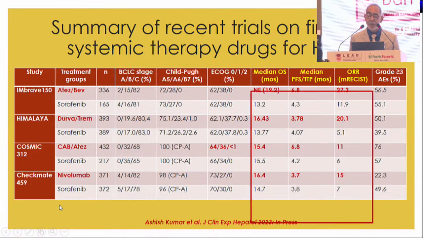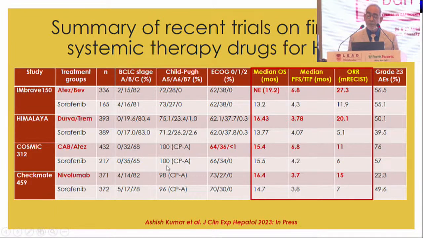The top line results with these would be that the median overall survival is the best with the atezo-bev combination at 19.2 months. The median progression-free survival or the time to progression, as well as the objective response rate according to mRECIST 1.1, are shown in this table.